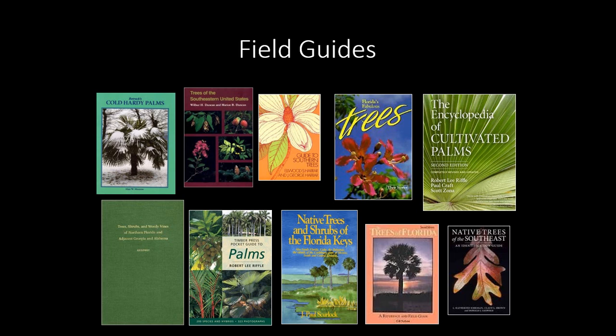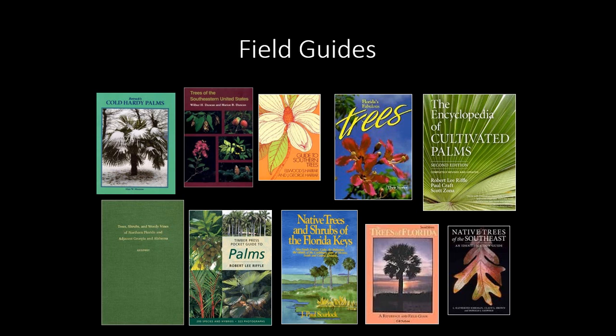There's a lot of field guides out there. These are some of the good ones for Florida, not including the ones that I've worked on. What I like though is there's a lot that are native trees of Florida, but there are so many non-native trees in urban areas, and so many invasive species, that even if you work in natural areas, you want to know them. I tend to stay away from anything that's just natives only, because you're missing the most common species.